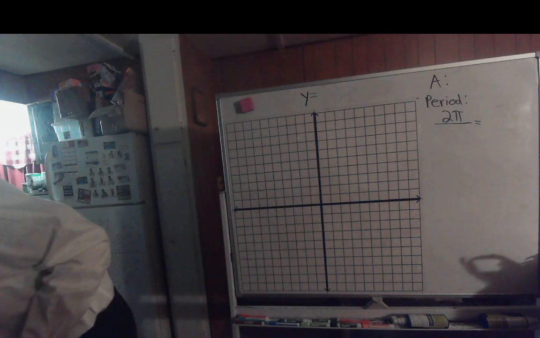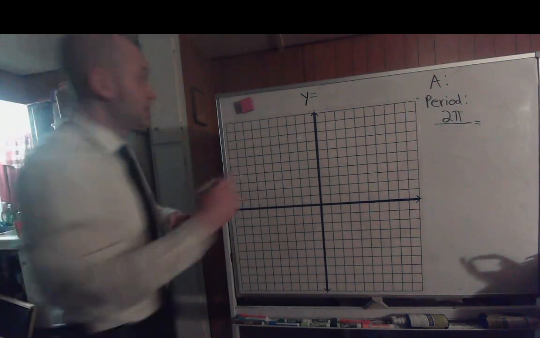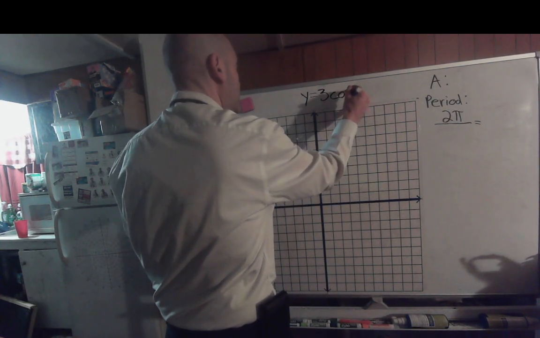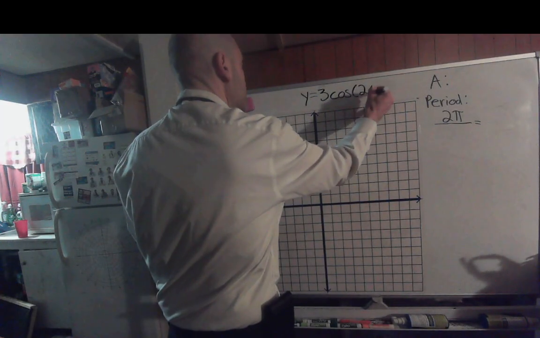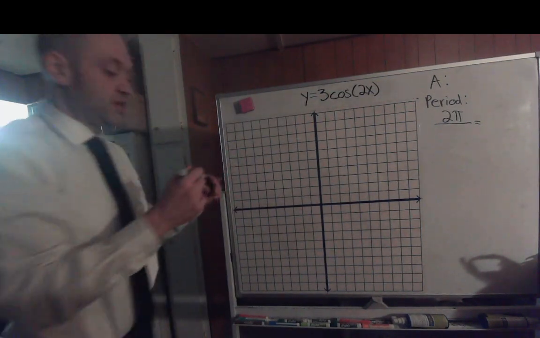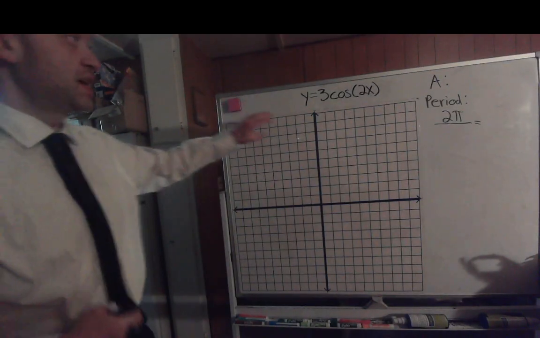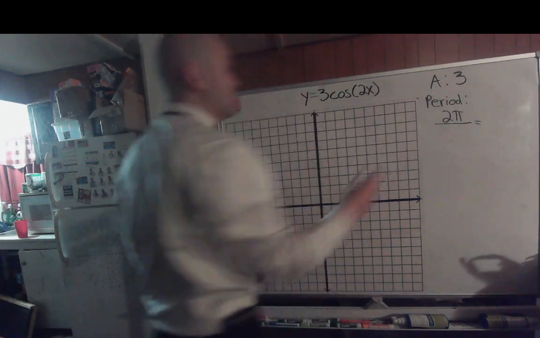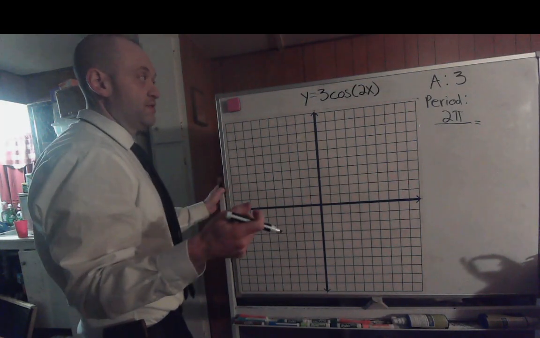Alright. Here's where it changes again. So we have 3 times the cosine of 2x. So we are going to graph 3 times the cosine of 2x. Well, what's the amplitude? That's 3, right? That means our range is going to go from negative 3 to positive 3.